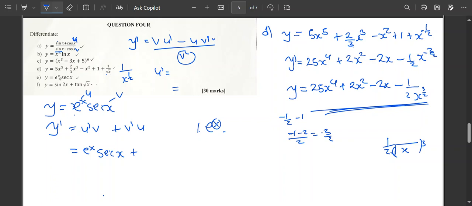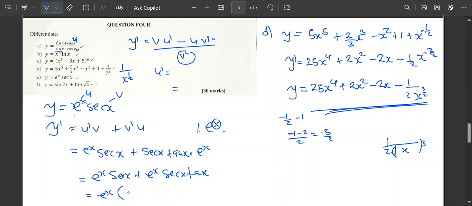Then plus, differentiating sec x gives us sec x tan x, and we maintain u, which is e to the power x. So that will be e to the power x sec x, plus e to the power x sec x tan x. So we can factor out e to the power x.